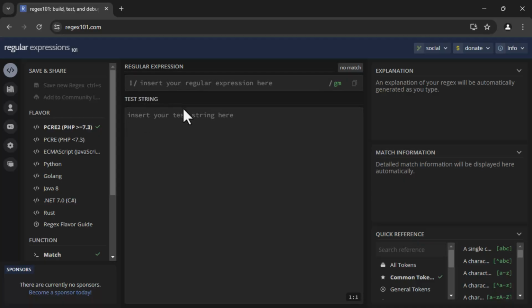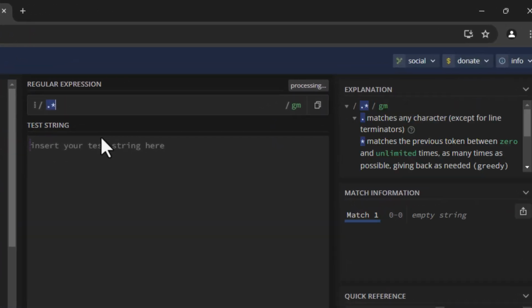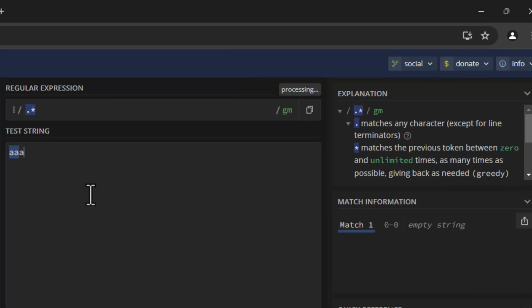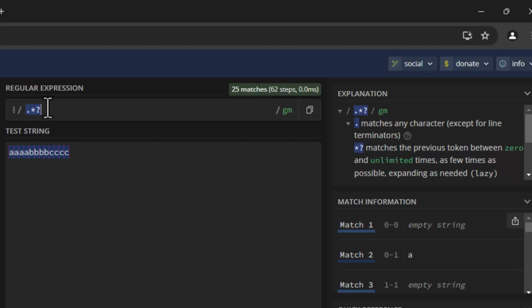Alright, so let me first type a regular expression dot star and abc, and it is matching everything, right? But if I introduce a question mark here, it matches nothing, right? And it says star question matches the previous token between 0 and unlimited times, as few times as possible, expanding as needed, right?